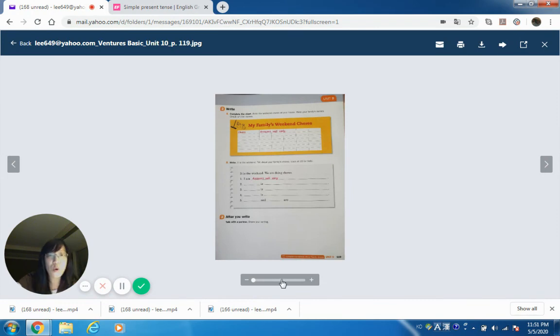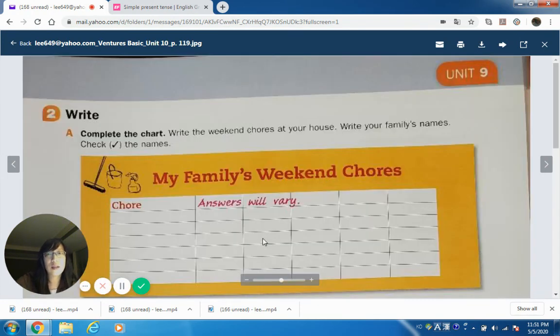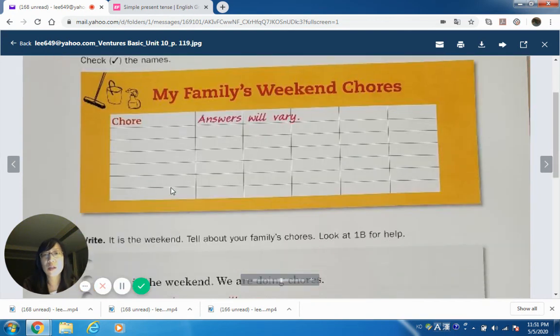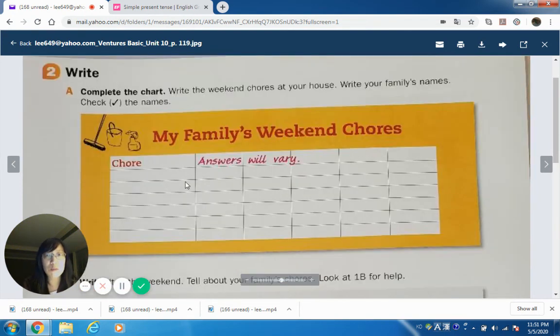And for page 119, now make your own chart. So it's going to be my family's weekend chores. So write the chores. You don't have to do the same thing. It could be something different. It could be like vacuum the living room. What else? Clean the bathtub. What else? Clean the kitchen sink or wash the kitchen sink.